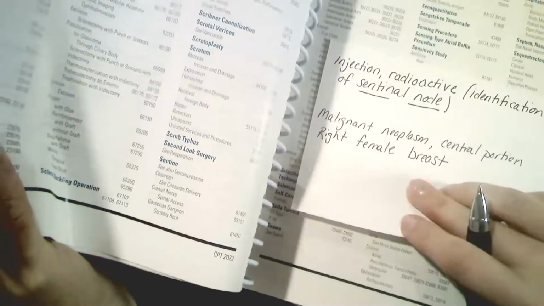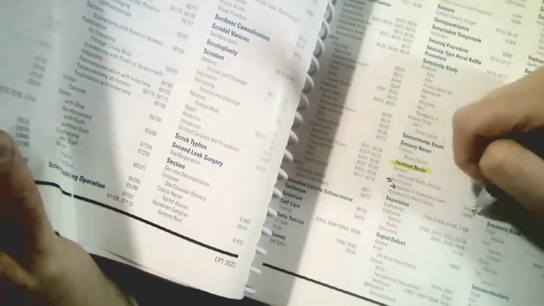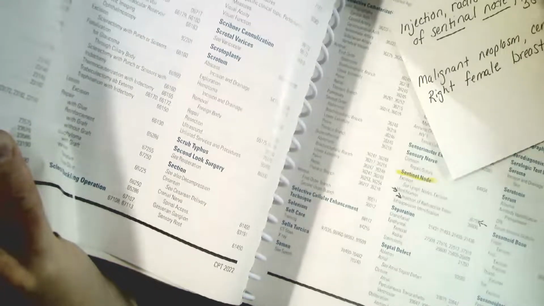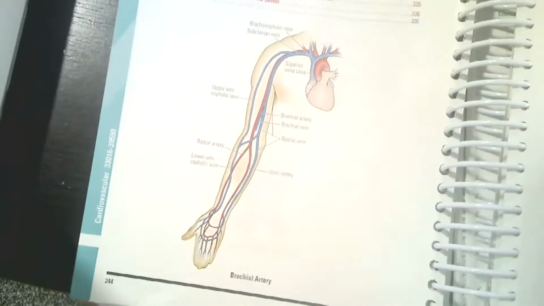So that really hits everything that we're looking for. We have a radioactive injection for the identification of the sentinel node. And that's sending us to 38792. Okay, so then I will go and look that up and see if that's an appropriate code.